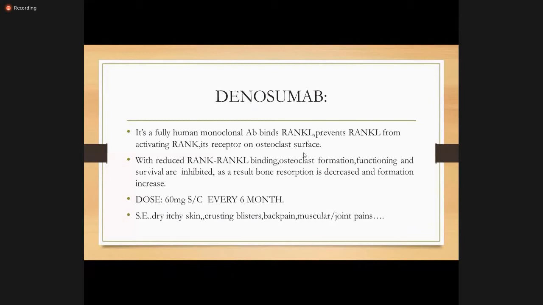The osteoclastic activity is inhibited. As a result, no bone resorption occurs and osteoblastic activity continues, leading to net bone formation rather than bone loss. With reduced RANK ligand, osteoclast formation, function and survival are inhibited. As a result, bone resorption is decreased and formation increases.